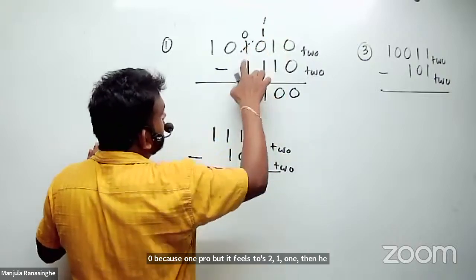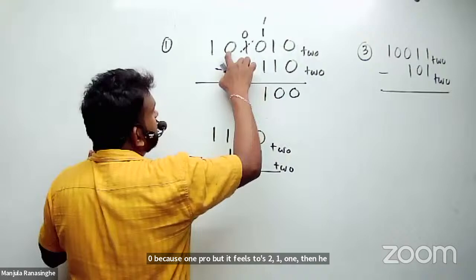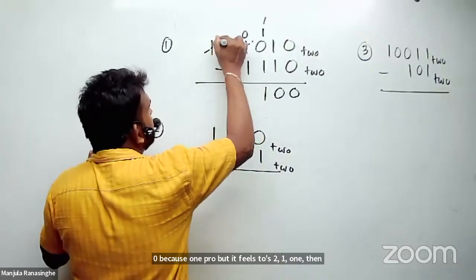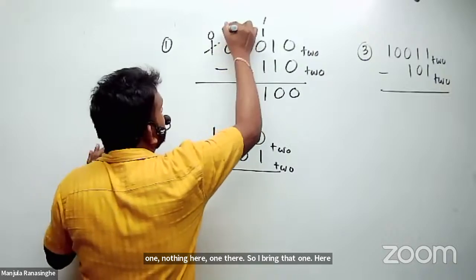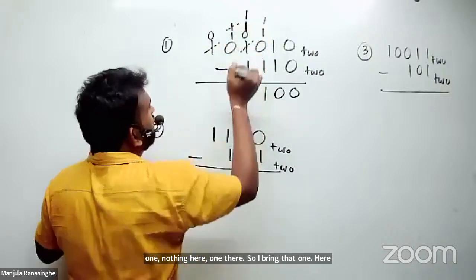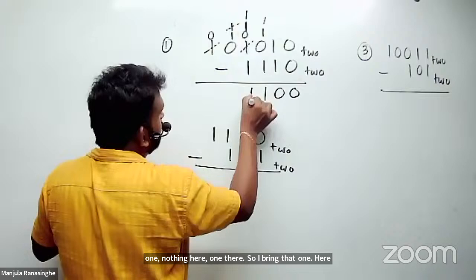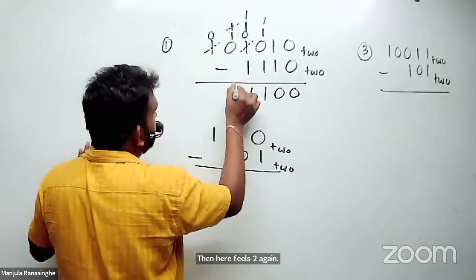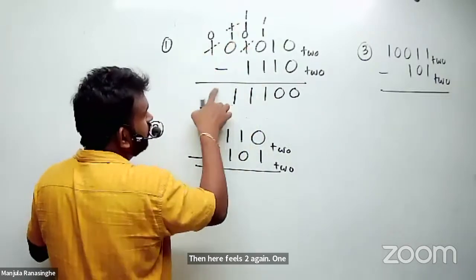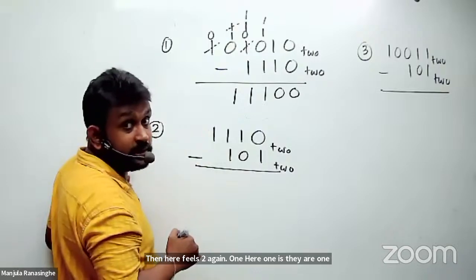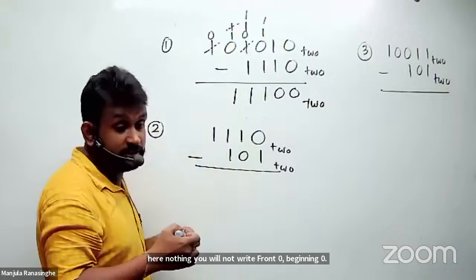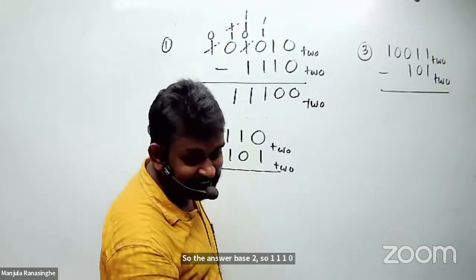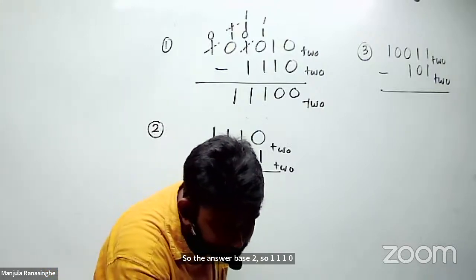Then here 0 cannot subtract 1, nothing here, 1 there, so I bring that one. Here feels 2, then from 2 I bring 1, then here feels 2 again. Then 2 subtract 1, 1. Here 1 is there. Here nothing. You will not write front zeros, beginning zeros. So the answer base 2 is 1, 1, 1, 0, 0. Right. Look, the answer is correct.